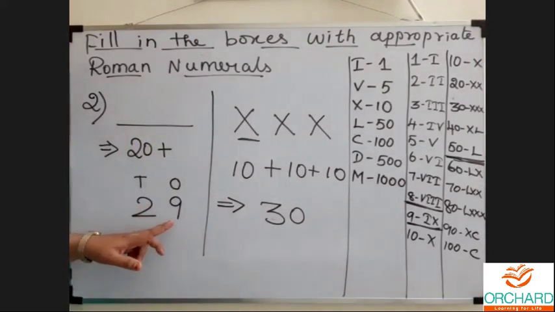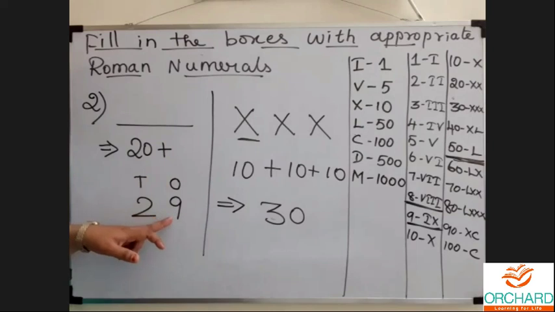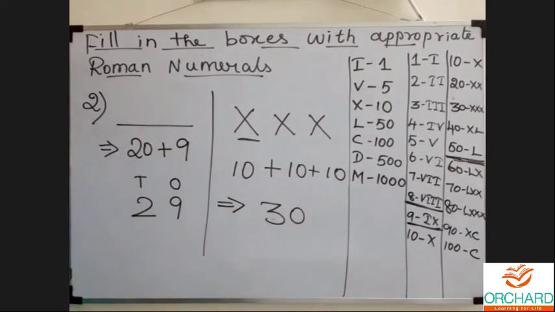9 stands in the place of 1. So 9 ones are 9. Now how can we express this value in Roman numeral?